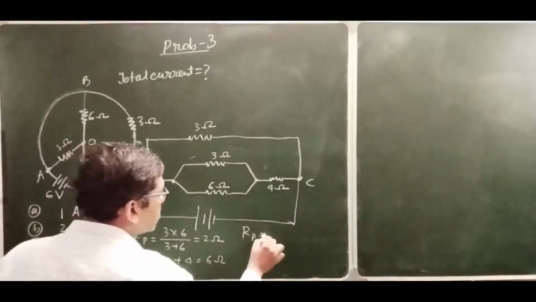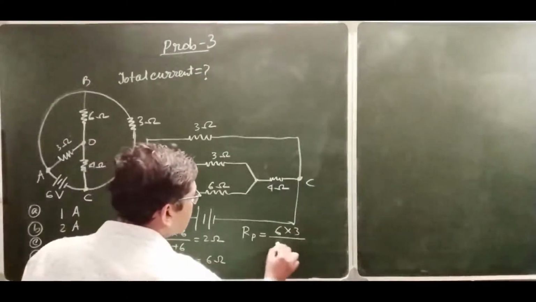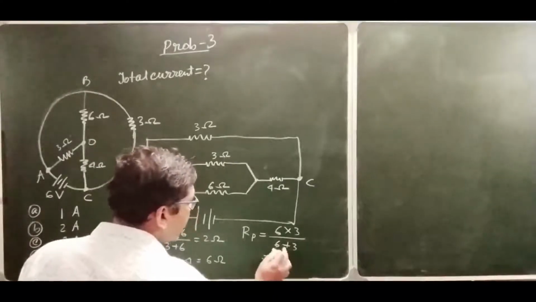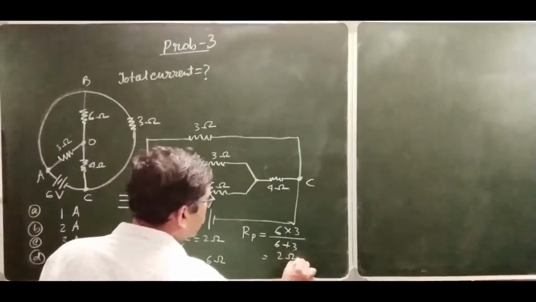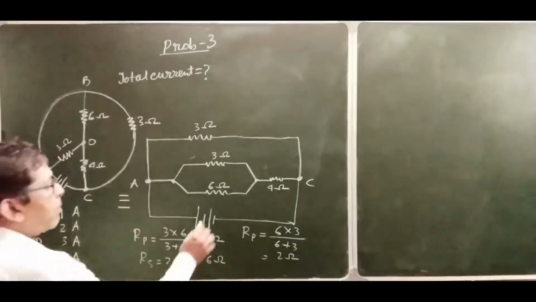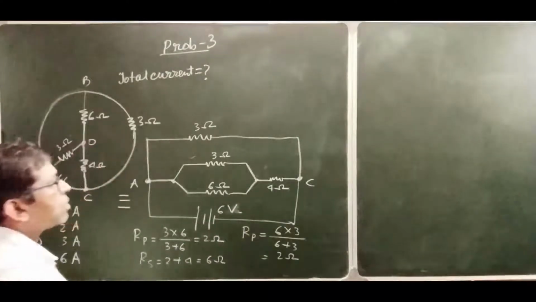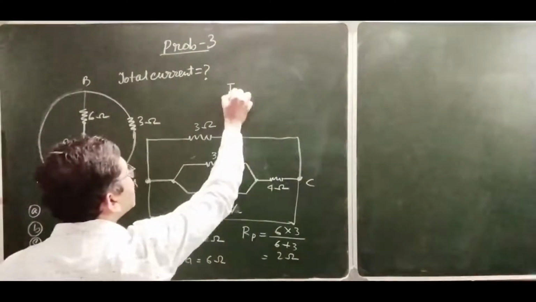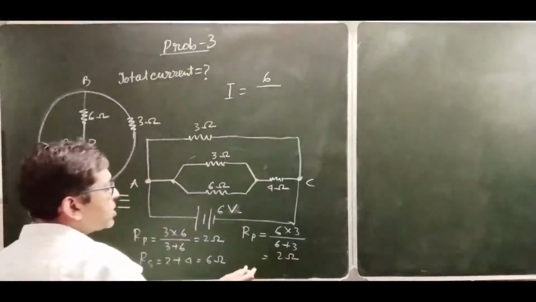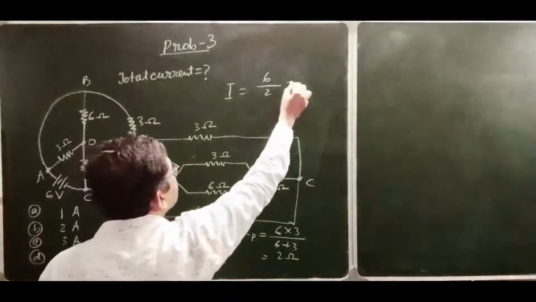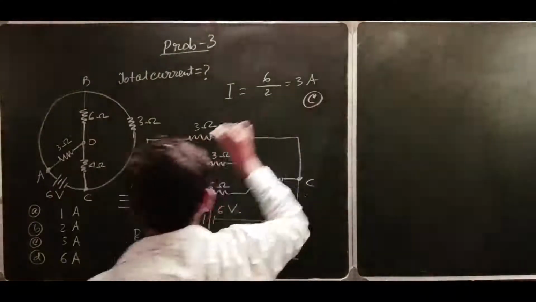So the equivalent resistance is product of the resistances by sum of the resistances, that means 18 upon 9, that means 2 ohm, and the battery delivers a voltage of 6 volt. So definitely current will be voltage divided by the total equivalent resistance, that means 2 ohm. So it will be 3 ampere. That means the option C is the correct option.